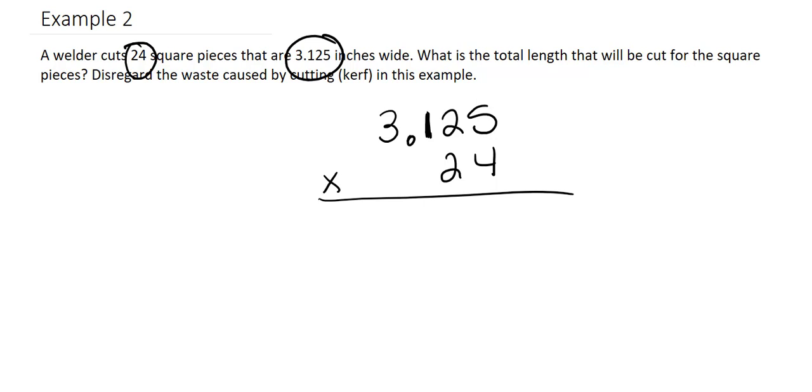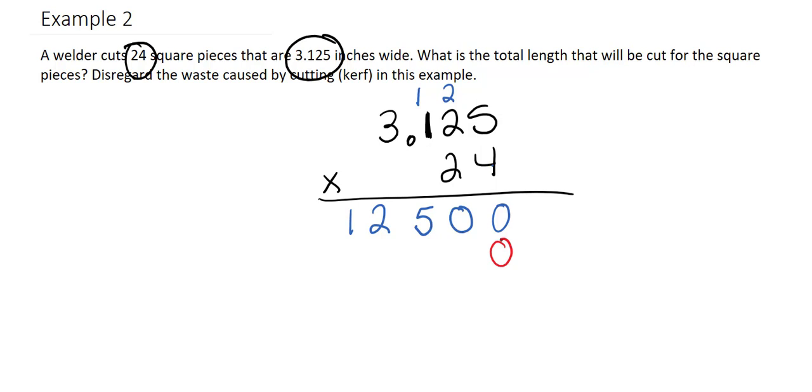Now we can multiply. 5 times 4 is 20. 0 below, carry the 2. 4 times 2 is 8, plus that 2 is 10. Carry the 1. 4 times 1 is 4, plus that 1 is 5. Now 4 times 3 is 12.